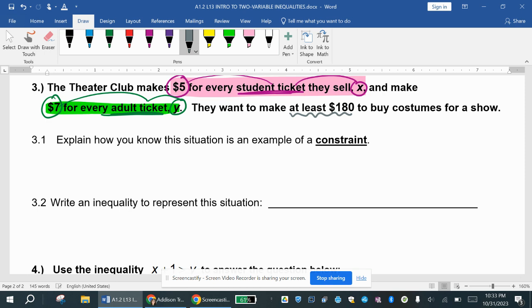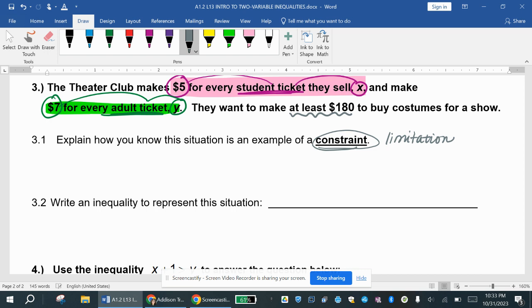Question 3.1 says, explain how you know this situation is an example of a constraint. So constraints, if you think back to a couple lessons ago, constraints are a limitation on a specific quantity. So they definitely want to make at least $180. So it's like a restriction. They don't want to go lower than 180 because then they might not be able to afford their costumes.